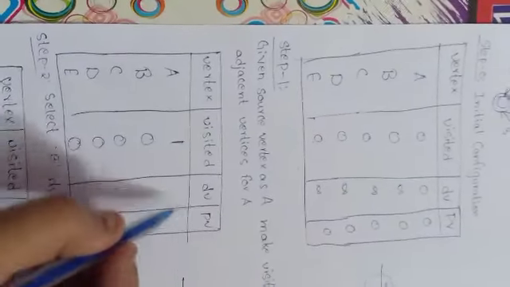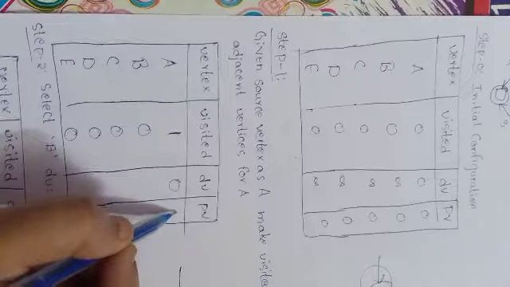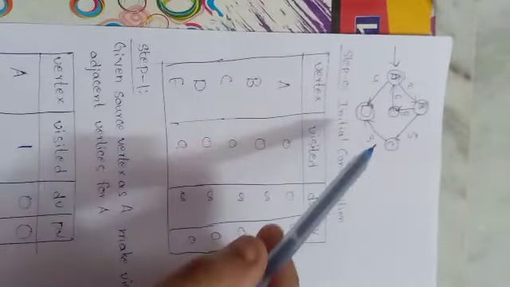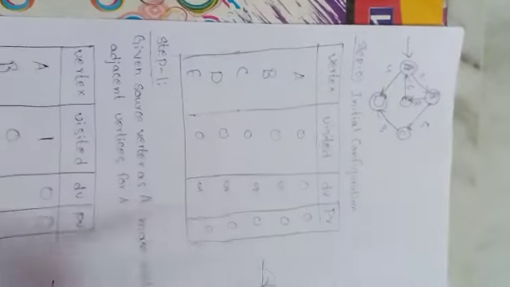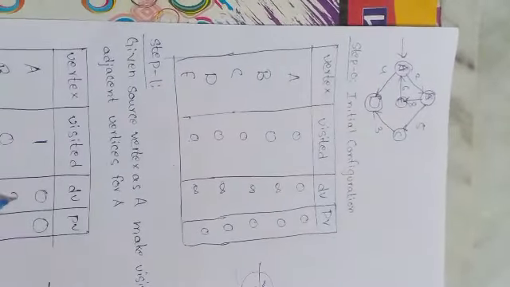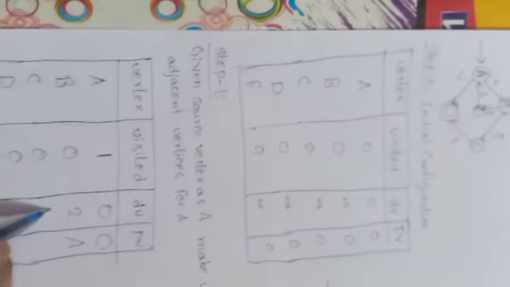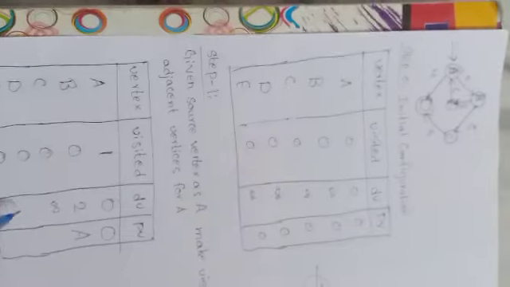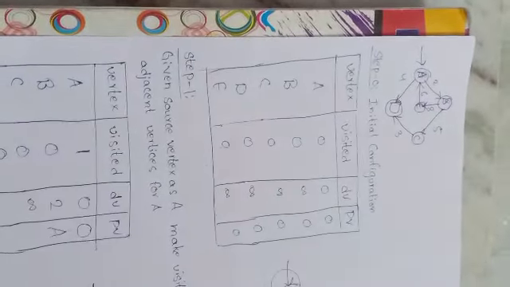And the distance from A to A is zero. There is a path from A to B, so A to B the distance is 2. From A there is no path between A and C, so infinite. There is a path between A and D which has a weight of 4.